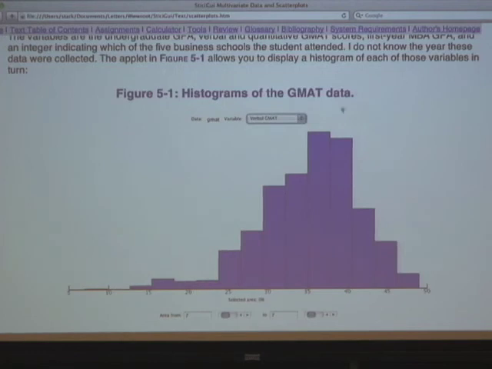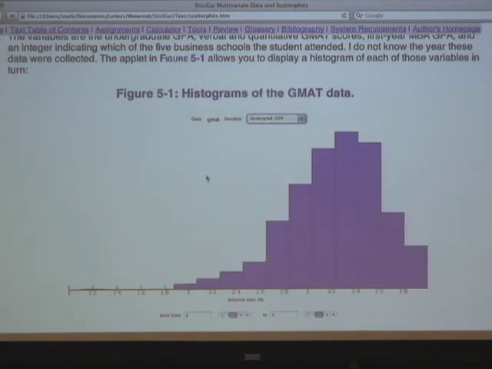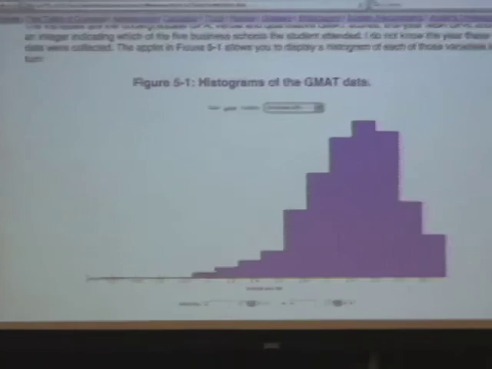So there's a histogram of their verbal GMATs, rather. There's a histogram of their quantitative GMATs. There's their undergraduate GPAs, and so on. A question I might ask: suppose I'm an admissions director for a business school.